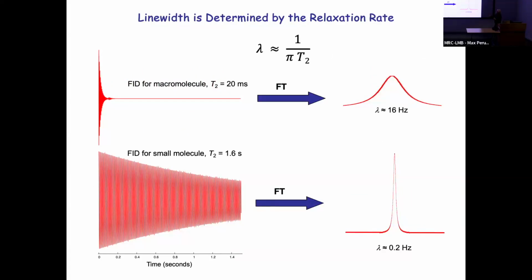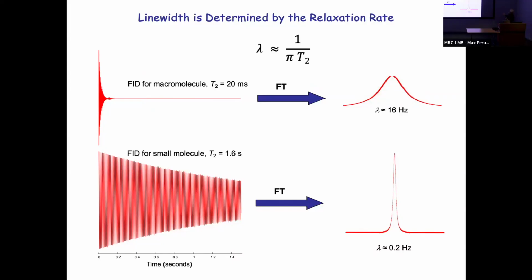So if we look at the time domain NMR signal for a macromolecule, a protein, for example, what you see is very rapid relaxation, and it returns back to equilibrium very efficiently. Small molecules, on the other hand, the signal lasts for a great deal longer. So in other words, they're just depicting two decays that vary in this value of T2.